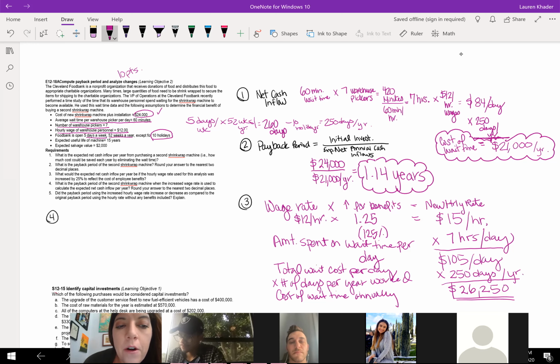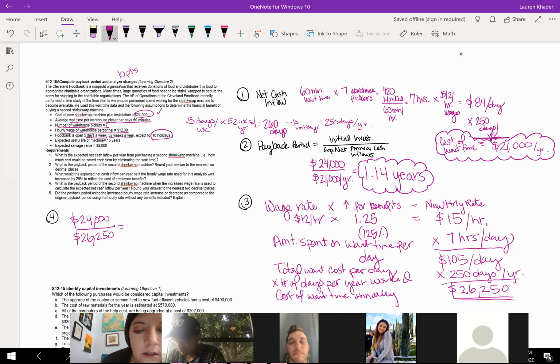For part 4, you needed to calculate this to calculate the new payback period using the increased wage rate. So now we're doing the same calculation where we're taking the initial investment of $24,000 and dividing it by the cost of the wait time annually, which is $26,250, which includes the benefits.